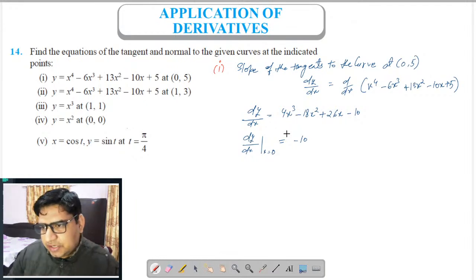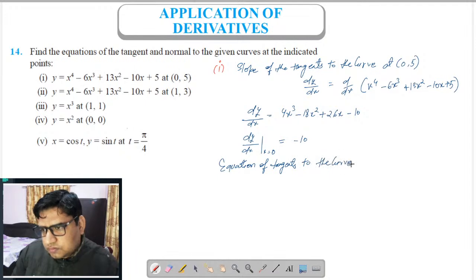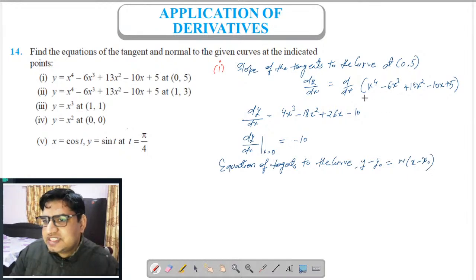Okay, and the equation of the tangent to the curve, we'll simply write down. The equation of the tangent to the curve will be y minus y naught is equal to m times x minus x naught. And here the point is given to us.